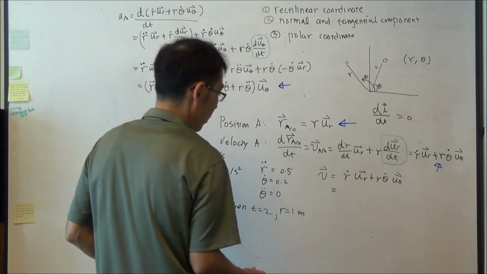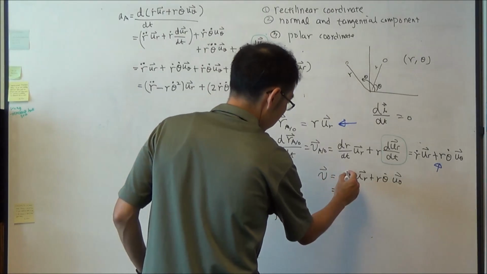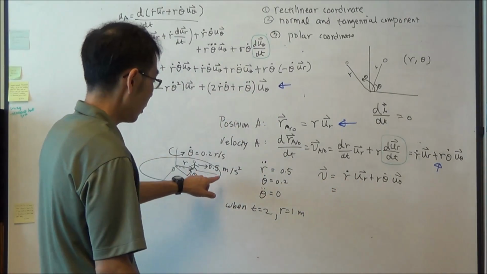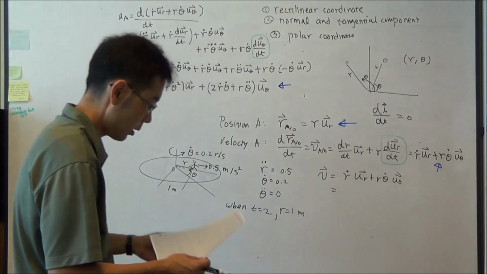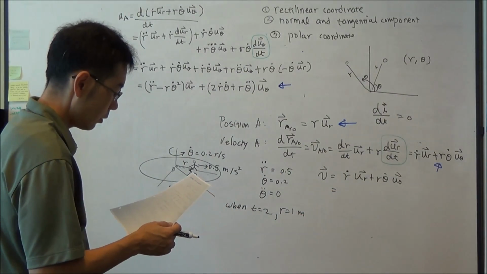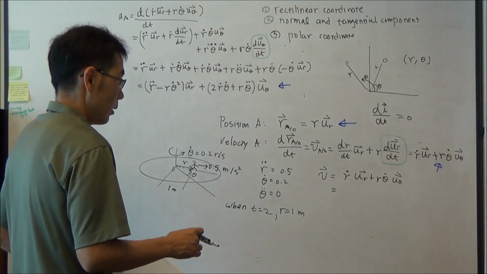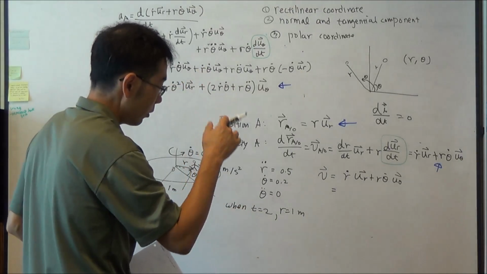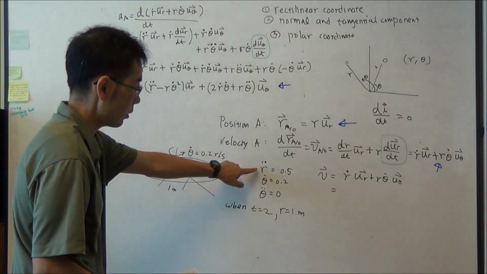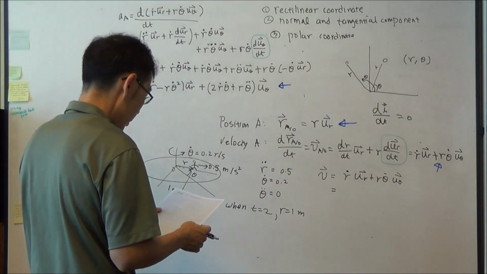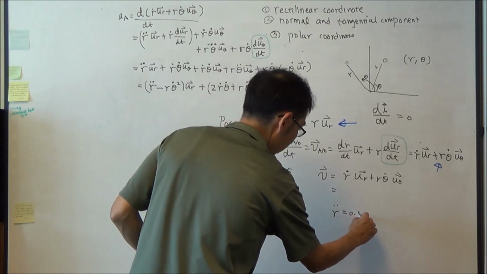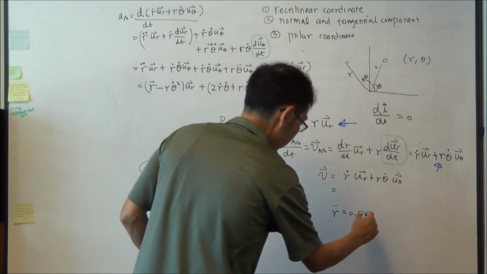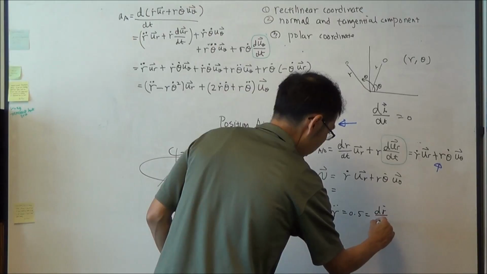So in this case, this gets simpler. Right now, what is r dot? We know the acceleration, but we need to know the velocity r dot. So how do you get r dot? We need to integrate your acceleration. Your acceleration is 0.5, which means your r double dot is 0.5. This is d r dot over dt.